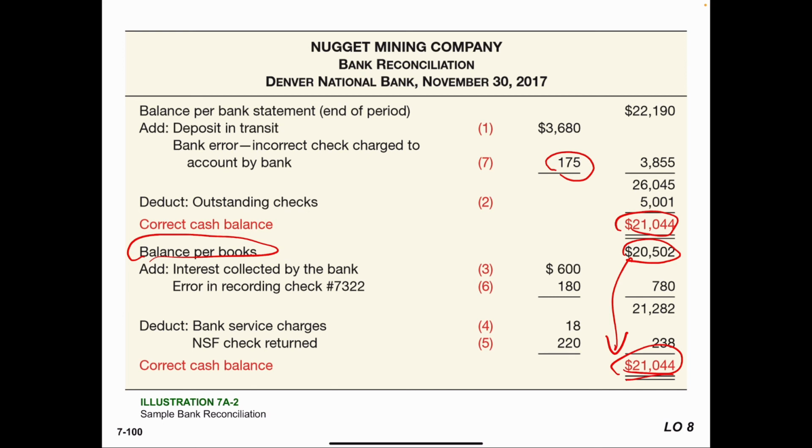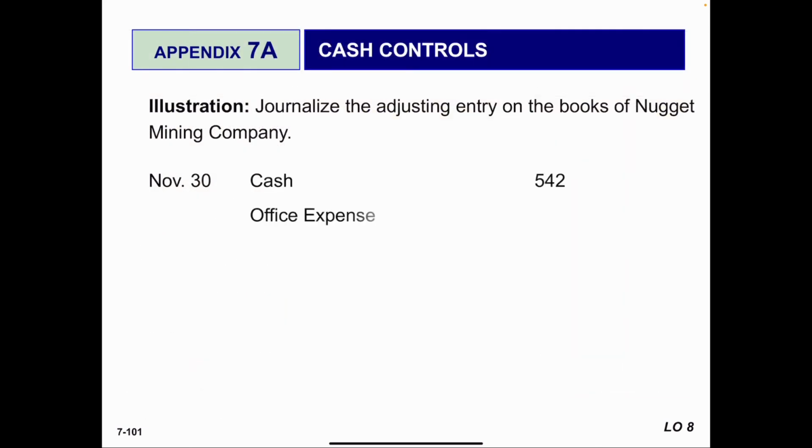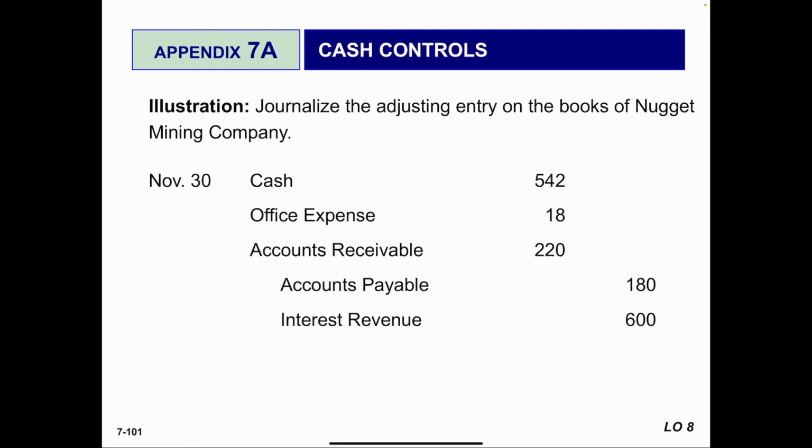Okay, so we should make a journal entry to account for these adjustments. Okay, so adjustments include these 4 items: 2 cash inflows and 2 cash outflows. So the journal entry actually is this one. Okay, 4 items, right? There are 2 deductions we made, and the other 2 cash additions.